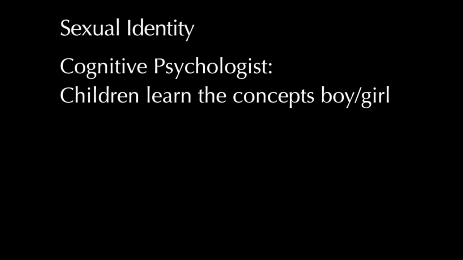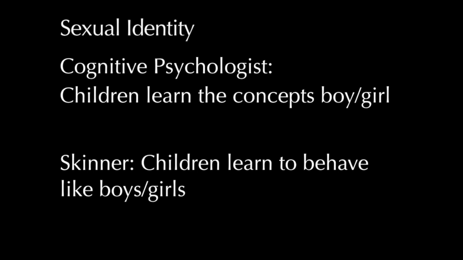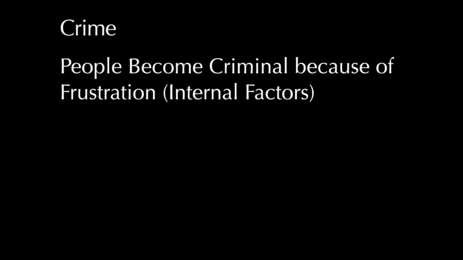His other examples include sexual identity. He says cognitive psychologists say children learn the concepts boy and girl. Skinner says no, children learn to behave like boys and girls after they observe others.